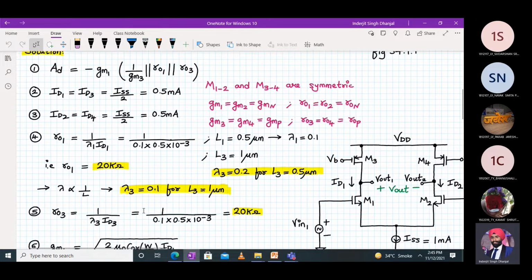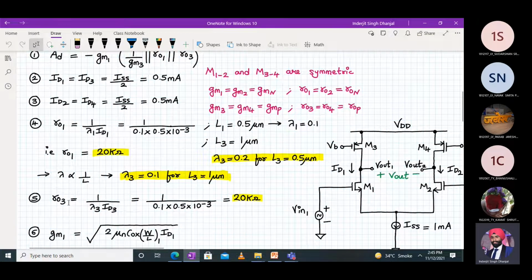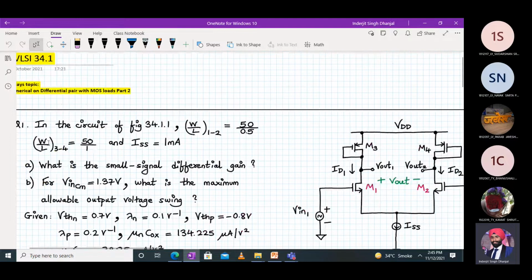So can you calculate RO3 directly? There will be one huge mistake if you directly calculate RO3 as it is, because if you notice carefully, the channel length of NMOS and PMOS is different.